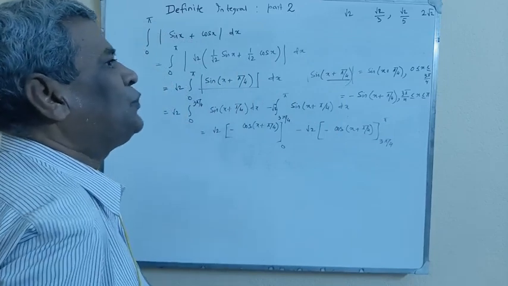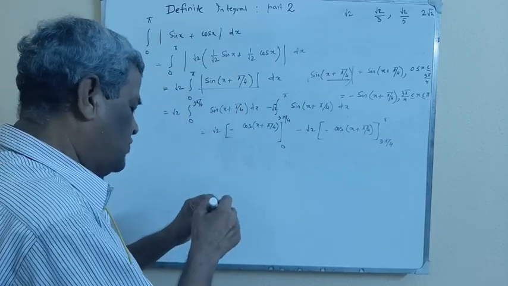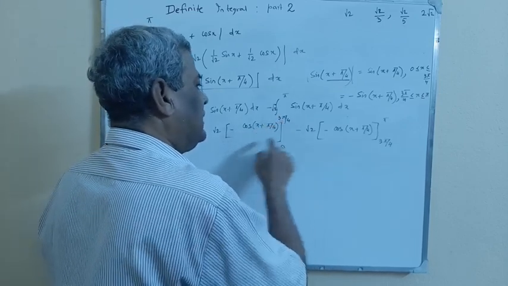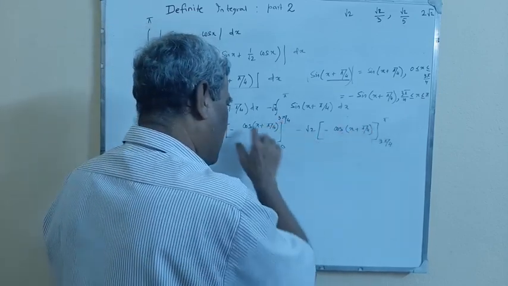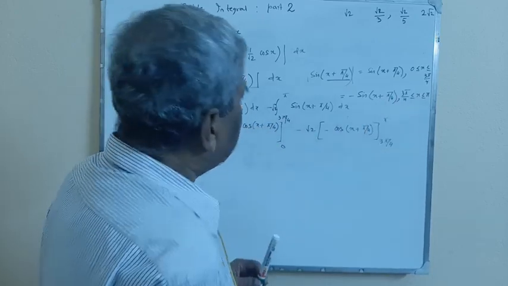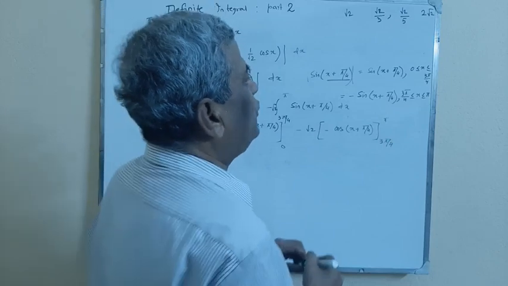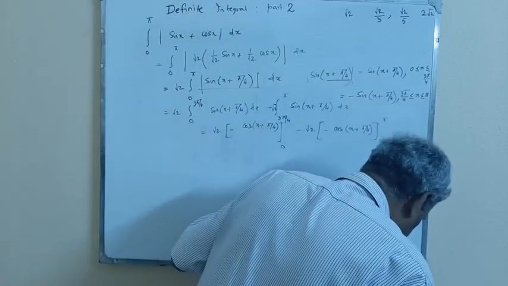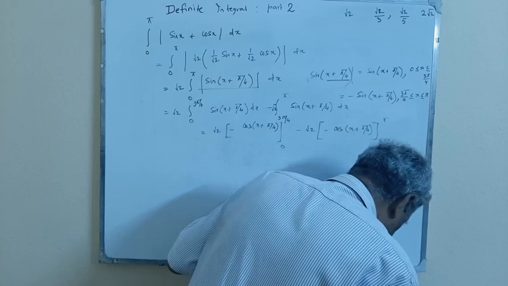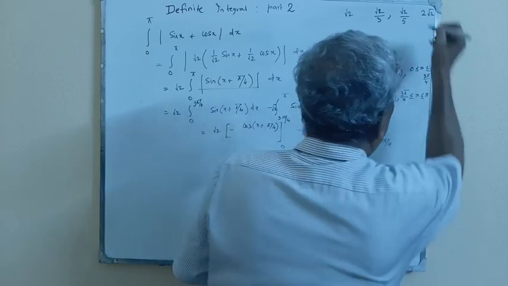Now we have to simply put in the limits. After putting in the upper limit and the lower limit, upper limit minus lower limit, and simplifying, the result will be, I think, the correct answer is 2√2. 2√2 is the correct answer.